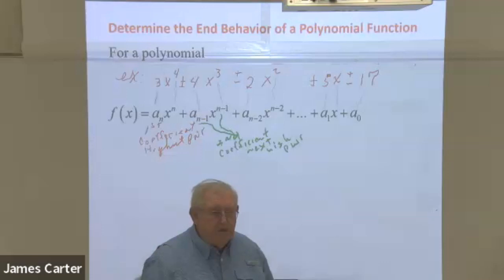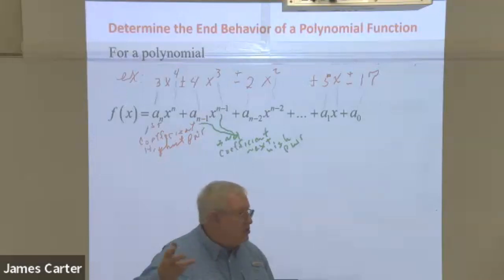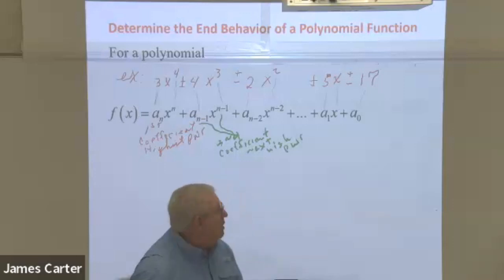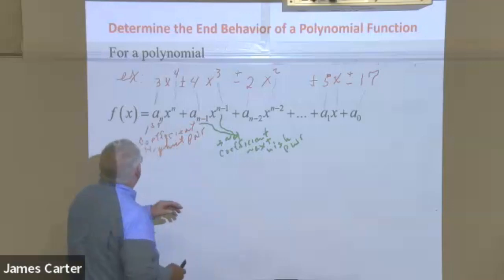I mean, you could call it a quintinomial and a septinomial and an octinomial, and you could go to oblivion on that, but we don't. After it gets higher than a trinomial, we just call them polynomials, which means many terms, just like Polynesian means many islands. Okay. So that's the idea on here.